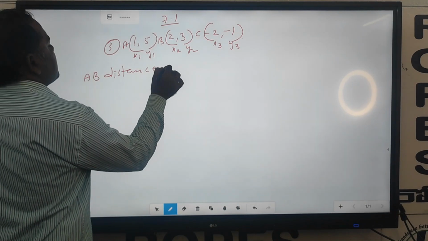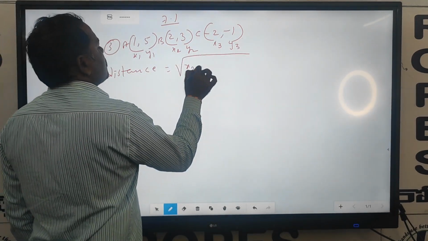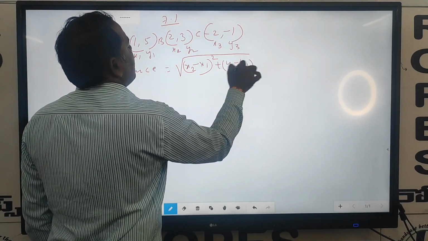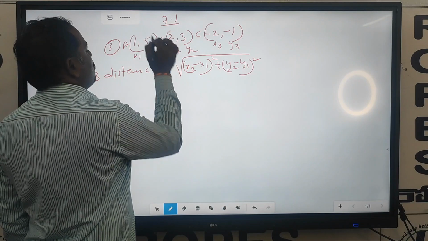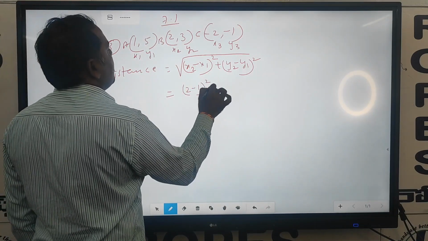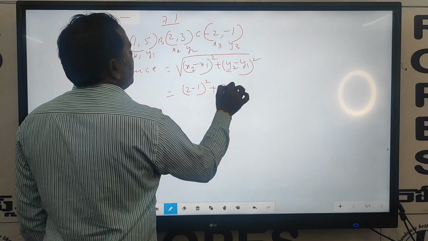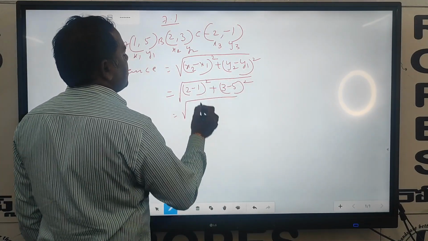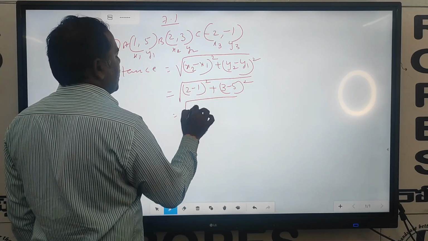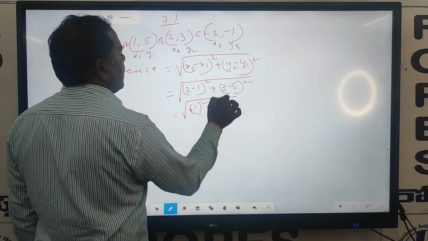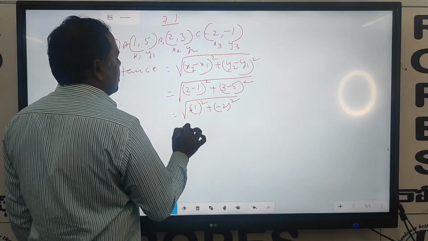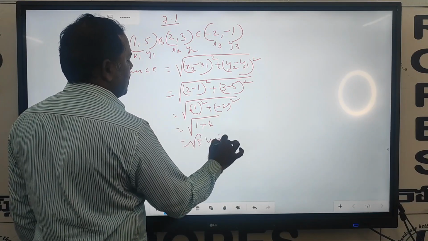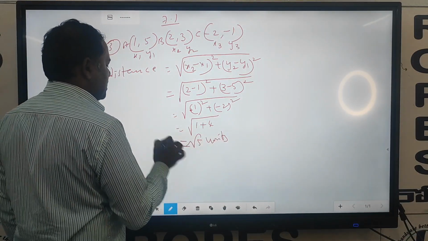AB is equal to root of (x2 minus x1) whole square plus (y2 minus y1) whole square: 2 minus 1 whole square plus 3 minus 5 whole square, which is 1 square plus minus 2 whole square. That is 1 plus 4, root 5 units. That is the AB distance.